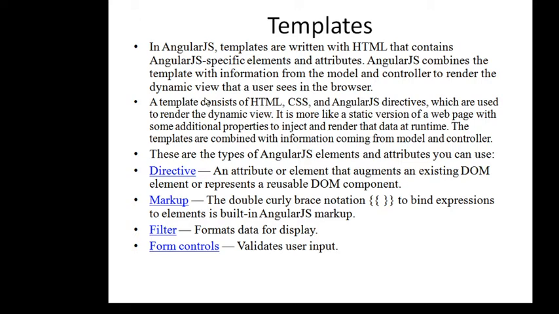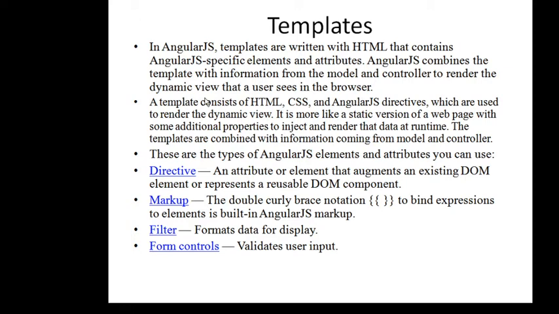There are these types of AngularJS elements and attributes you can use. The first is directives, attributes and elements that augment an existing DOM element or represent a usable DOM component. Next is markup.